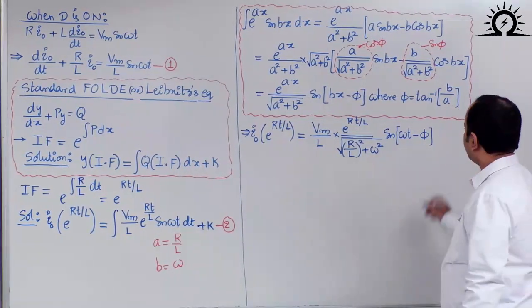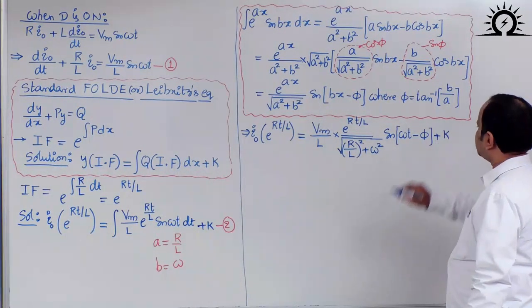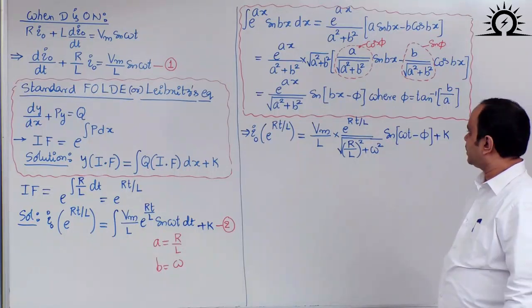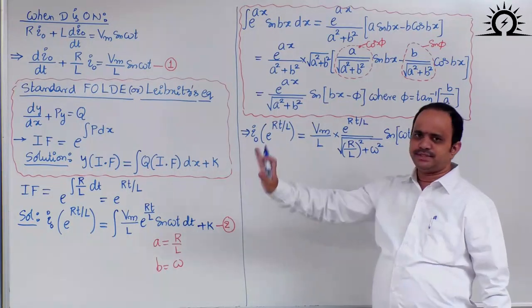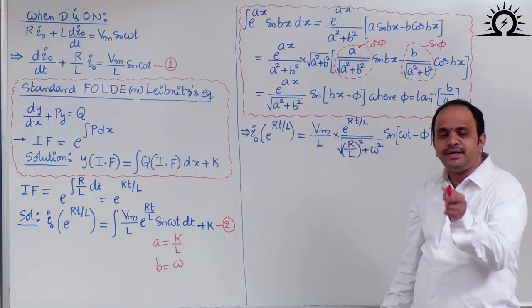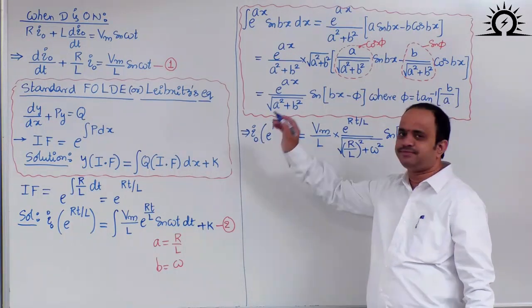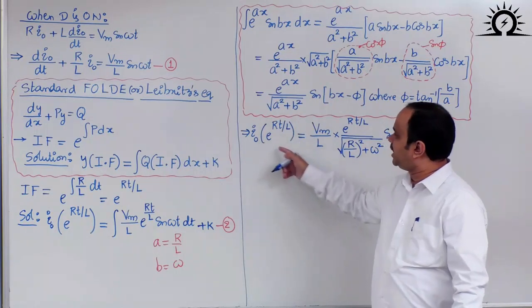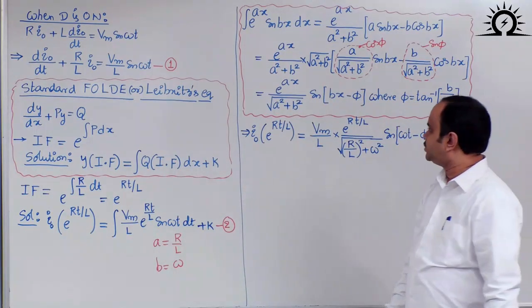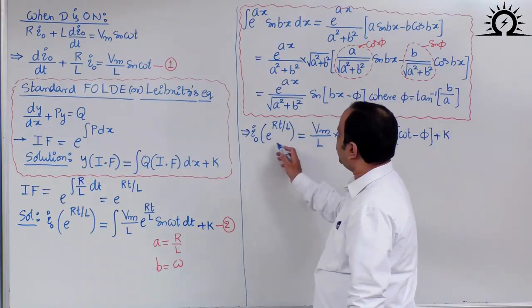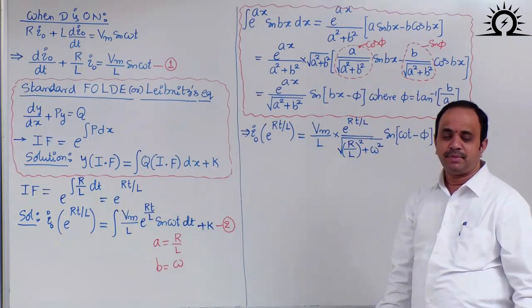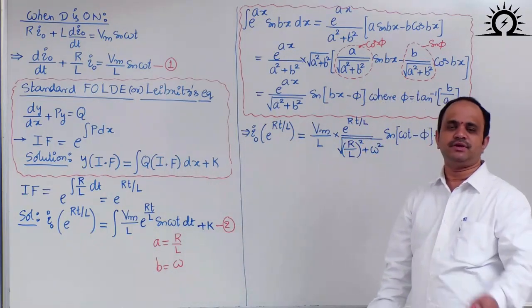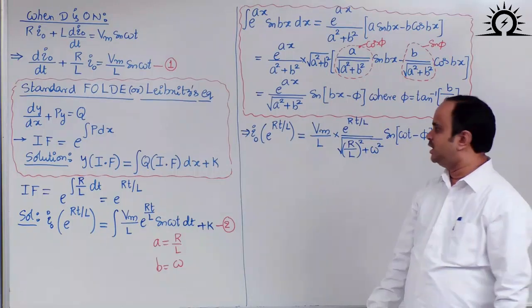Minus phi plus integration constant k. So this is what the solution is, but we are interested in an expression for I naught. We don't want I naught to be multiplied by some number. Then what should I do? Whatever number you don't want, remove that by dividing both sides of the equation by that particular number.